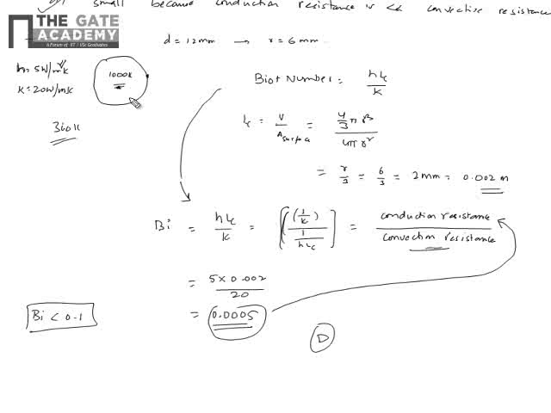The reason is that the temperature difference between the outer and the center will be small only when conduction is very fast, which depends on conduction resistance being low. So the Biot number is what dictates lumped heat transfer analysis.